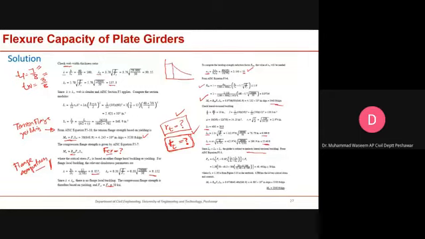This is inelastic. There is no buckling if the section is compact. Over here, this is LP, this is LR, this is the non-compact section. It means inelastic buckling.